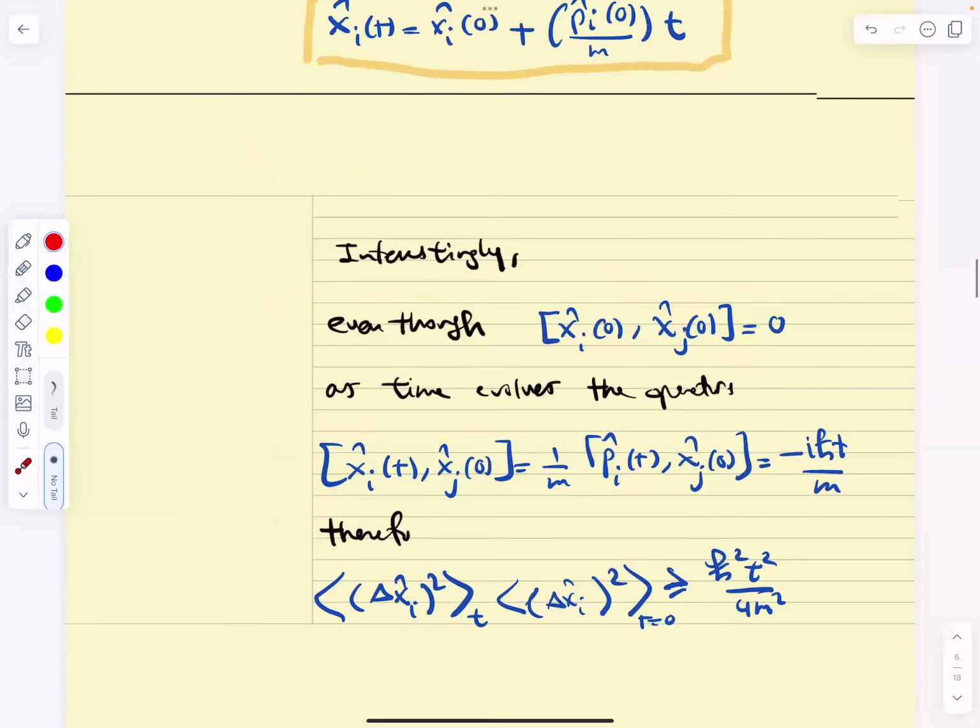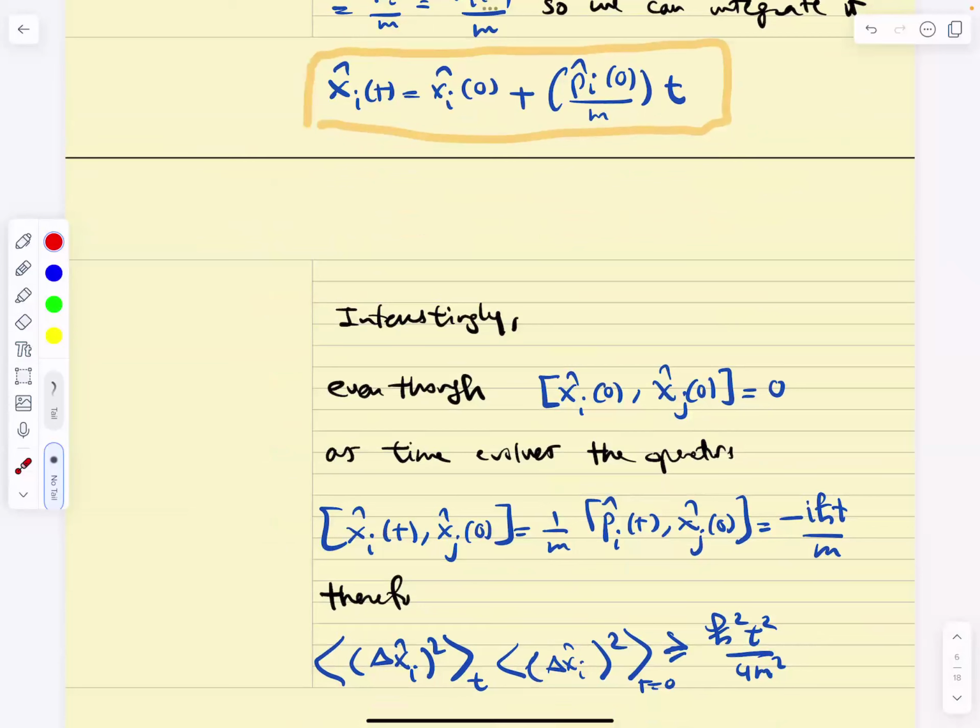Let me say one more thing. If I take this operator, this equation, what is the expectation value of the x operator as a function of time?